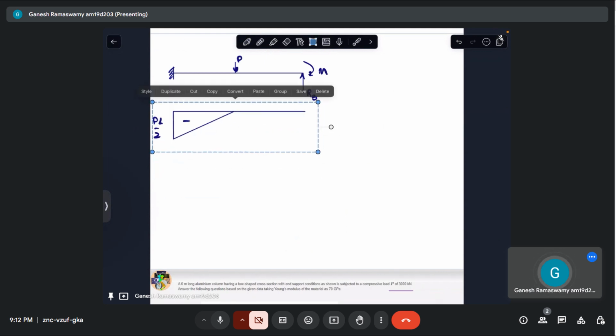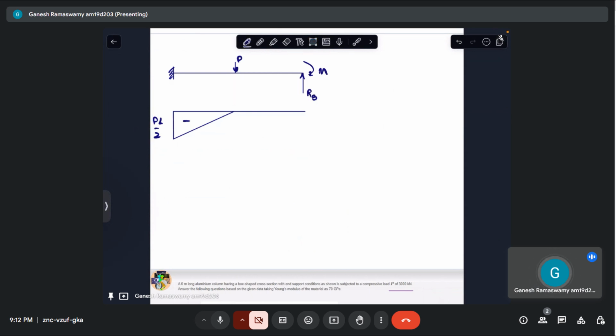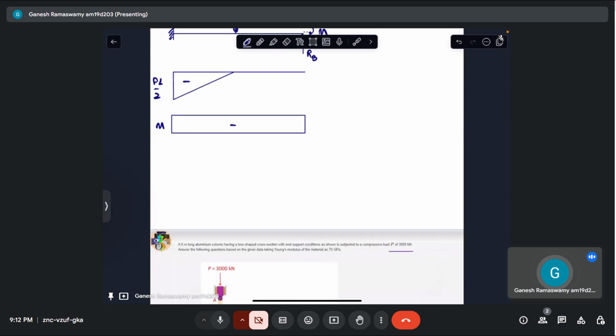So it will be like that. The second bending moment diagram is because of the couple applied at the end, which is just going to be M constant throughout. And the third bending moment diagram will be a triangle like that.